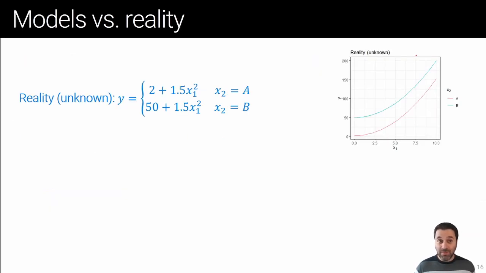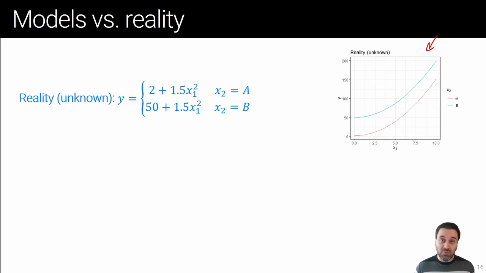So if we talk again about models versus reality, let's assume we are studying some reality that looks something like that. Of course, we have no idea what reality looks like, but just for illustration, let's pretend it's something like this. The dependent variable y depends on two independent variables, x1, which seems to be numerical, and x2, which seems to be categorical.